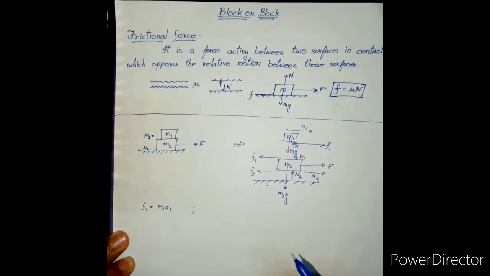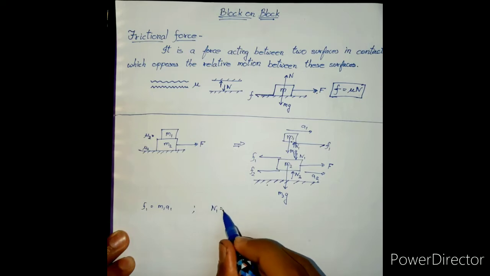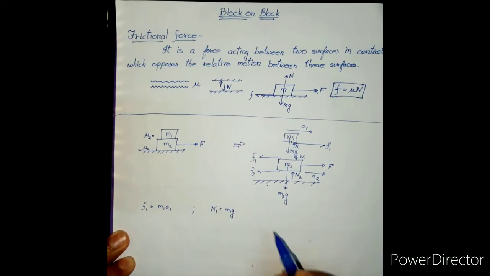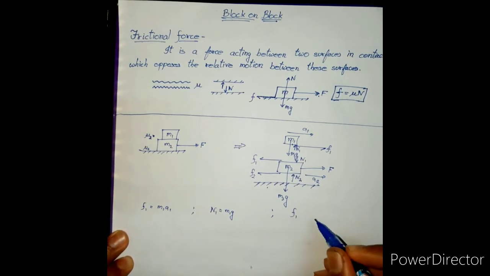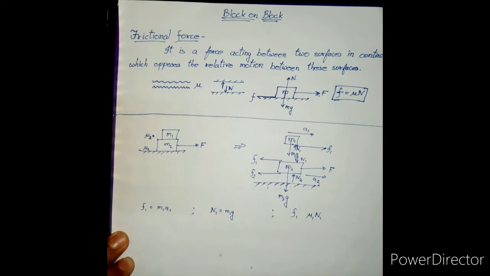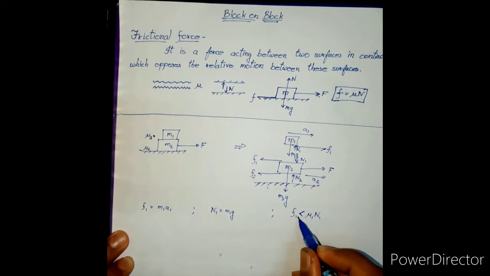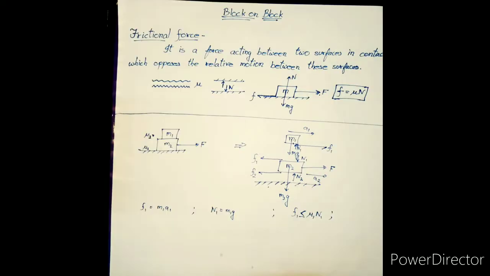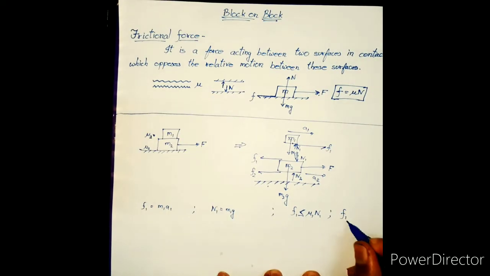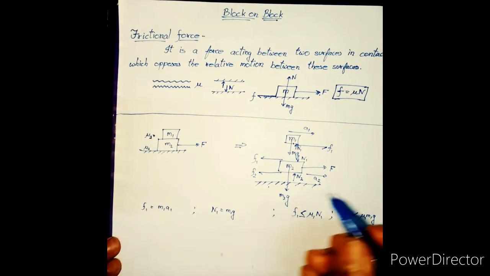For vertical forces, N1 equals m1g, and we have to write an equation for friction, which can be mu1 times N1, but with a difference. F1 is always less than or equal to mu1 times N1, as we don't know whether it is static friction or kinetic friction. And here N1 is m1g, so we get F1 less than or equal to mu1 m1g.